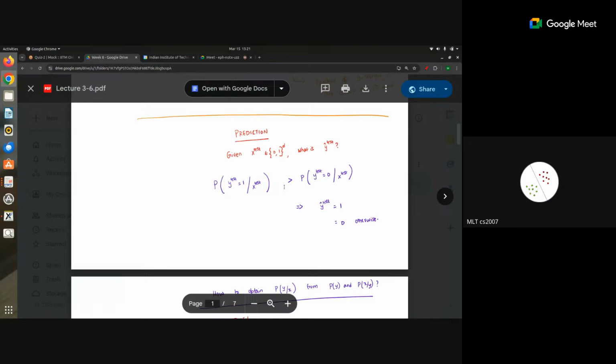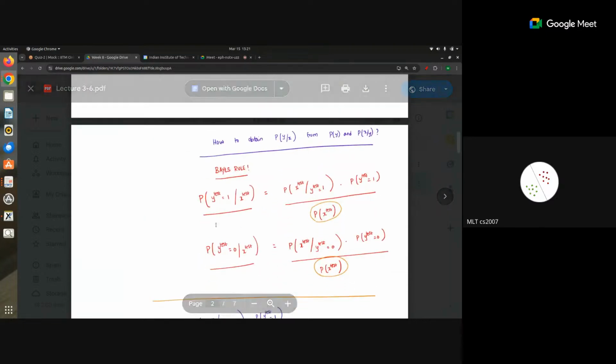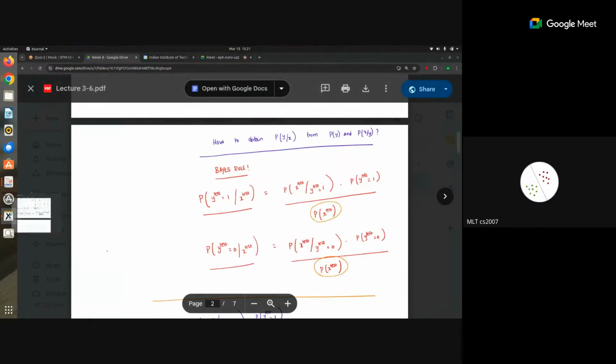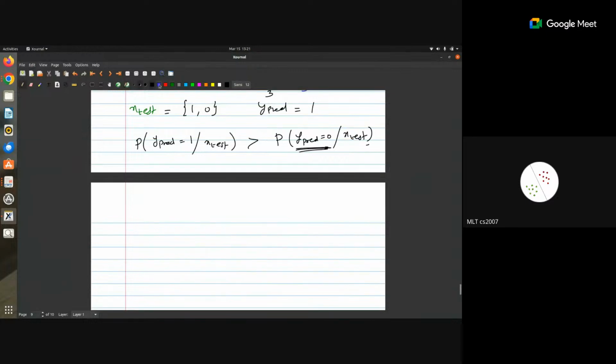Now, but how to find out these probabilities? These probabilities we can find out using the Bayes rule. So what is the Bayes rule?